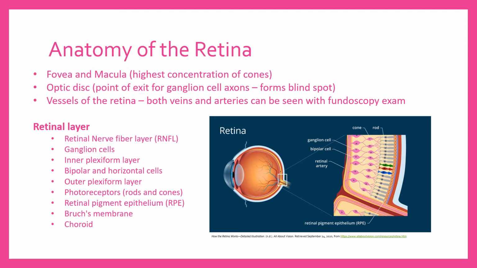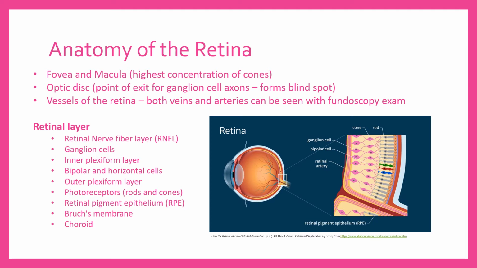The optic disc is on the opposite side, on the nasal retina, and this is where all the ganglion cell axons throughout the retinal layer collect for the exit from the eye. This collection of axons eventually becomes the second cranial nerve, or the optic nerve.